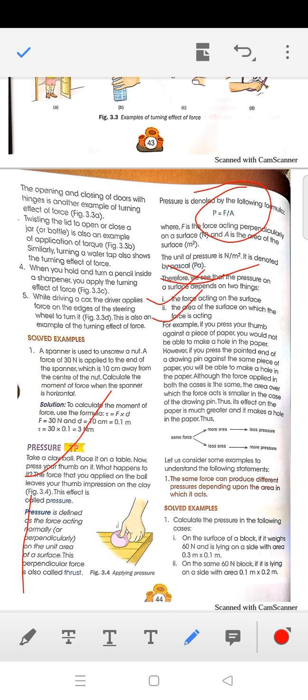And this is the reason why, where we want to increase the pressure, suppose the tip of a nail or paper pin is pointed. Why? So that it increases the pressure and penetrates inside the paper easily. So there are many examples of drawing pin, needle, which have a pointed end, so that it increases the pressure. On the other hand, the other end has less pressure.